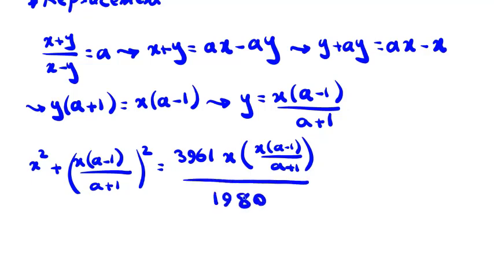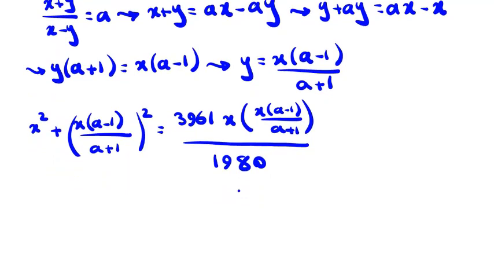And now here we have x squared everywhere, so we divide both sides by x squared, and after that we multiply both sides by (a plus 1) squared and also by 1980. So let's see what we have.